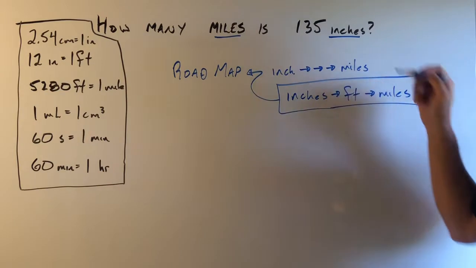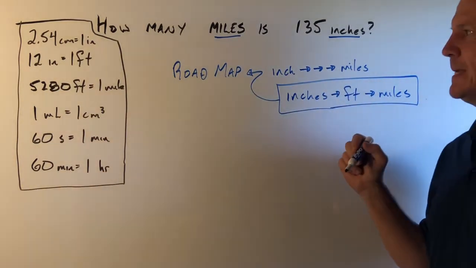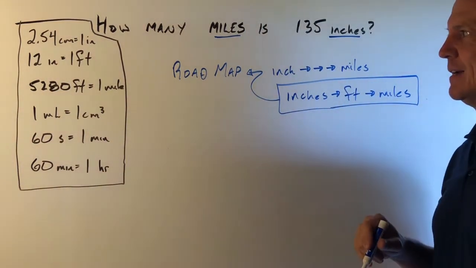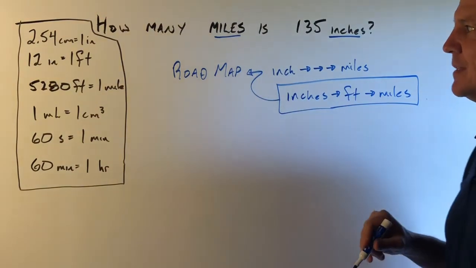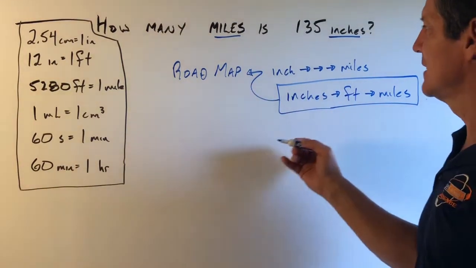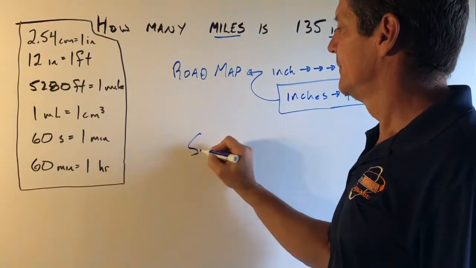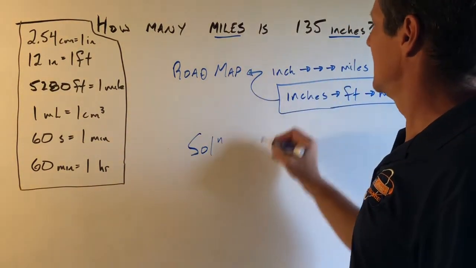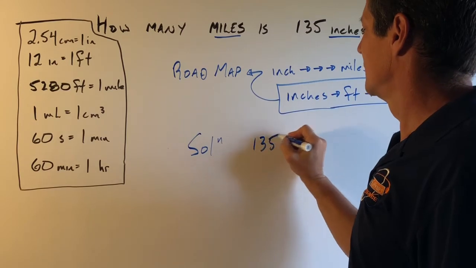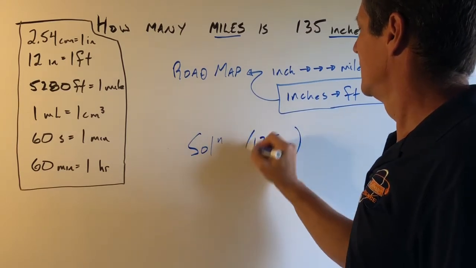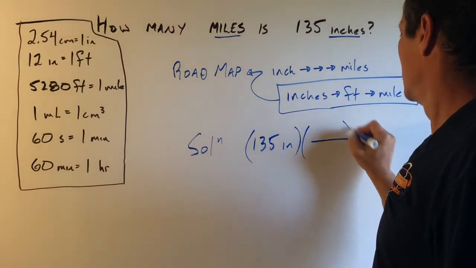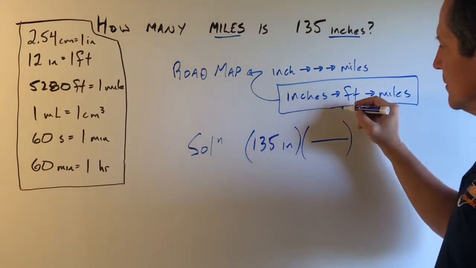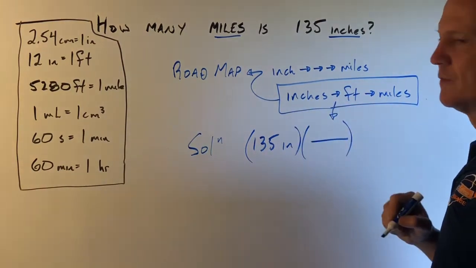This first one I'd also call a roadmap, but really that's me just kind of defining what the problem is in my mind. Okay, once I've got that, then I'm going to do a solution. And my solution here is going to be actually taking the problem, 135 inches, replacing this arrow with a conversion factor.